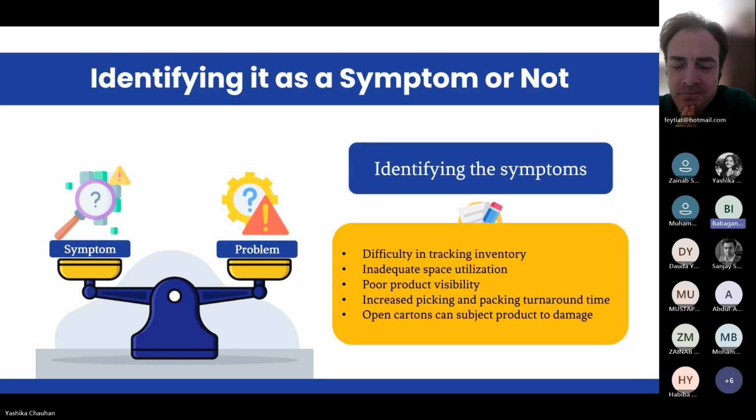If you have 2 units of an item, for instance a blood bag, 250 mils and 450 mils, based on that arrangement you have difficulty in tracking your inventory, which affects the turnaround time of your activity.